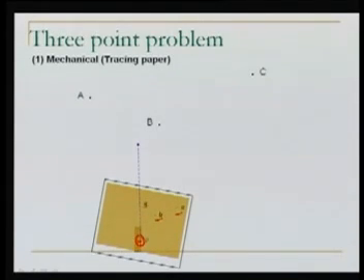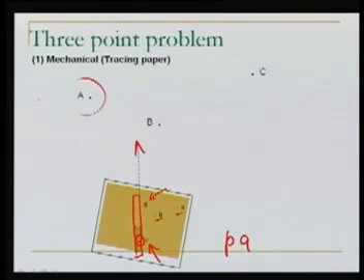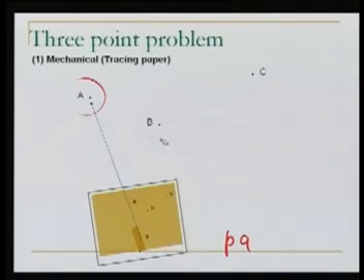We keep the alidade, this is the alidade here, we keep the alidade along pa. This is the point small p, small a, and this will not pass through capital A there in the ground, because my table is not oriented. So what do we do next? In order to orient our table, we will have to rotate our table. So we rotate our table now. By this rotation, we will ensure that our resector is passing through A.